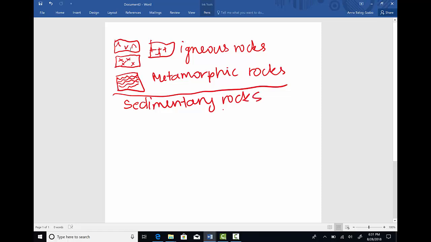Let's start with conglomerate. Remember, the conglomerate has the round pebbles. And if you have breccia, that is like the low angular pebbles.